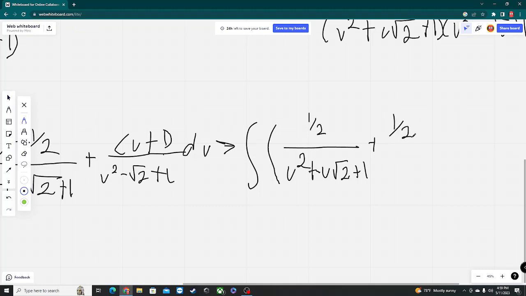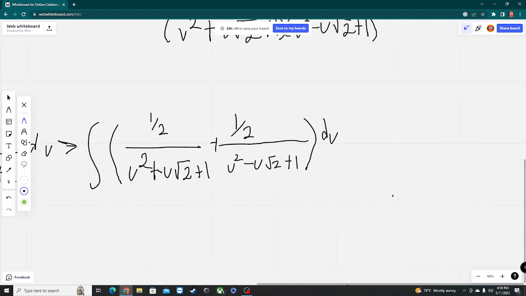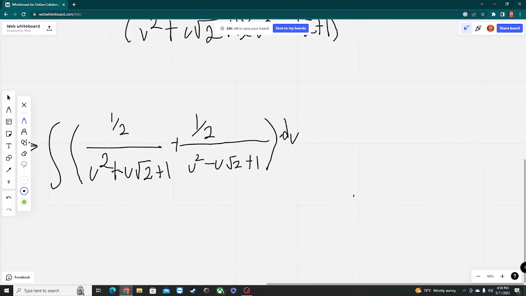Plus 1 over 2. And we have our conjugate, u squared minus u square root 2 plus 1, du. Here we go. Now, turn this whole problem.